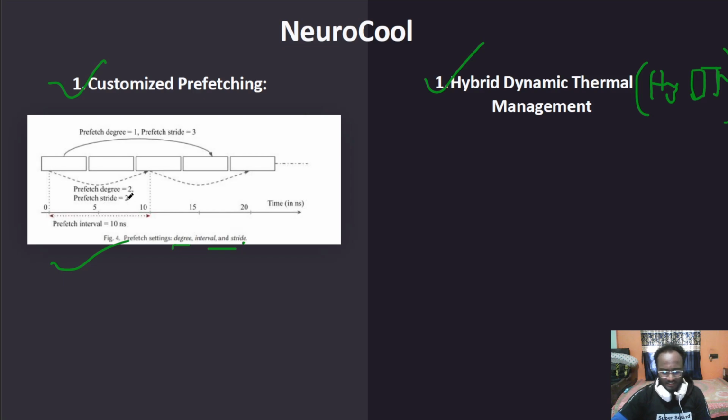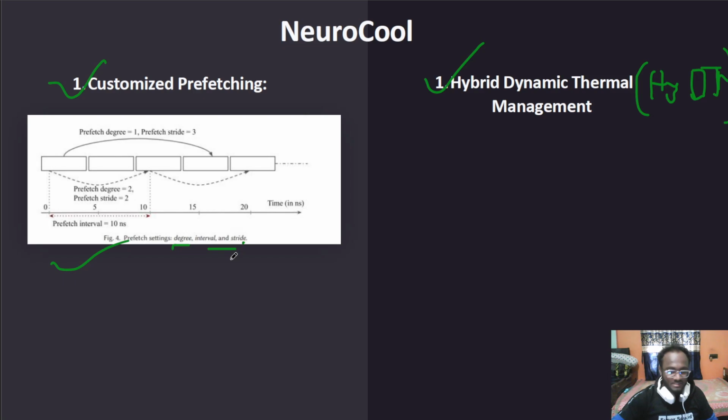The prefetch stride defines the spacing between the successive data blocks fetched during prefetching. And the prefetch interval is the time between consecutive prefetch operations for a particular epoch or iteration. These are the three main parameters given here.